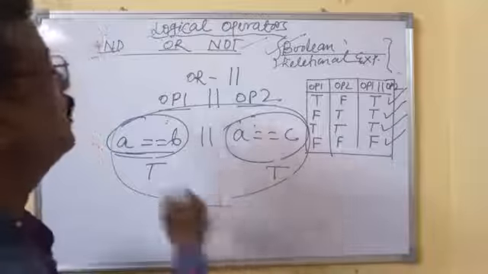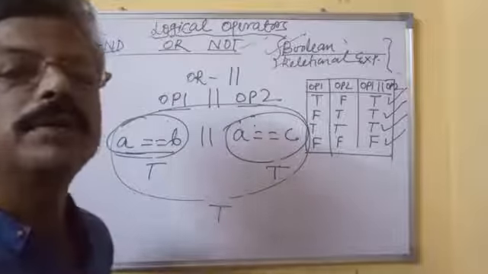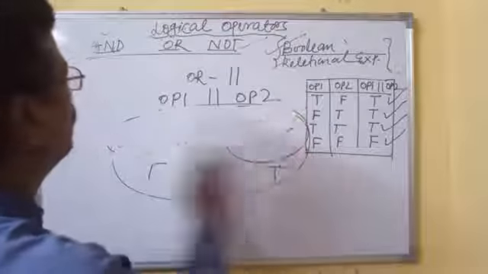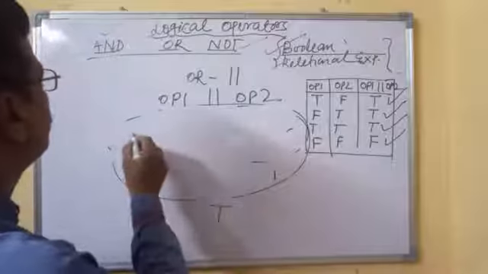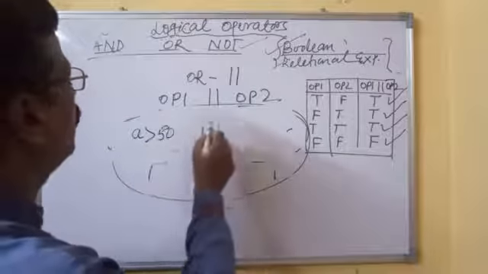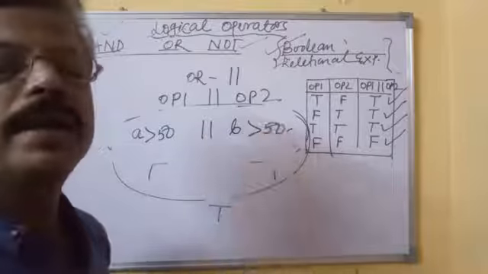So this way you can write, and in a different way you can also write the OR operator. First of all, this OR operator can be written in another form also. If A greater than 50 or B greater than 50, this way also you can write.